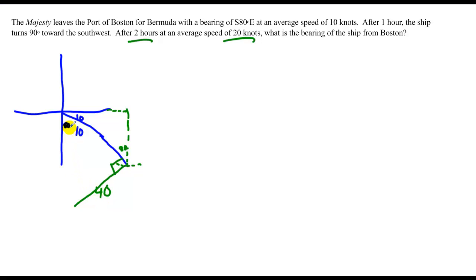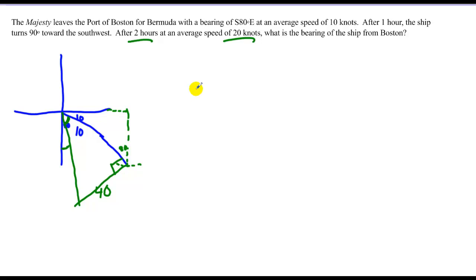And I want to know, after that 2 hours, how far am I in bearing from Boston? So I want to know this new angle from Boston. So that means I'm going to need to find probably this angle here in order to find this angle here.